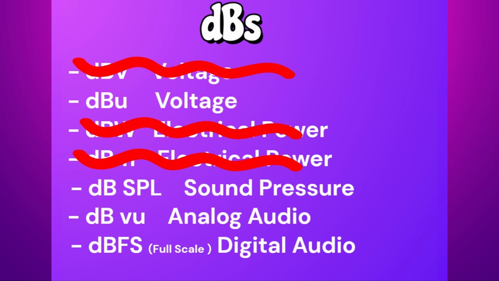And last is dBFS, or full scale, and that's what we use in the digital audio system. So that's very important. All of the meters we're working with in the digital audio system are going to be referenced to dB full scale.